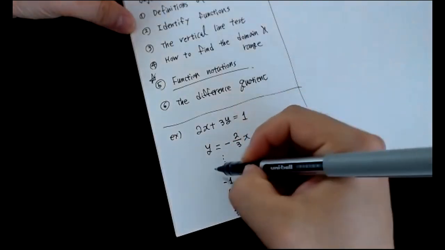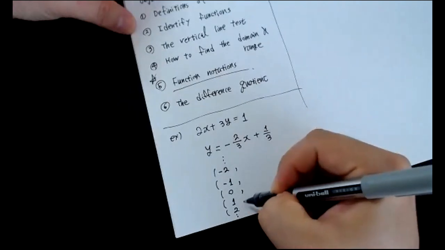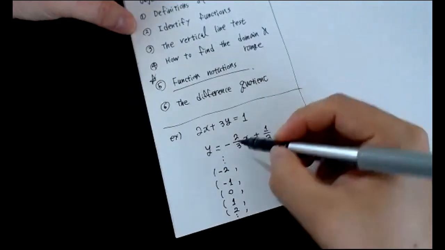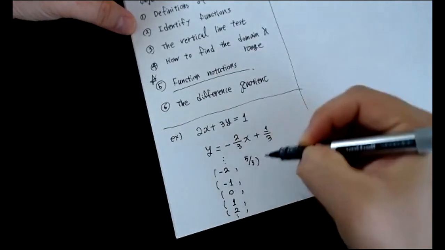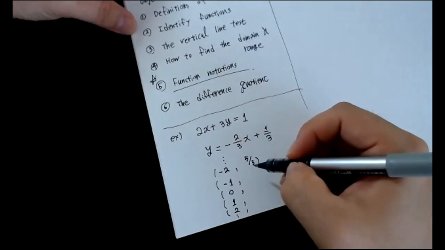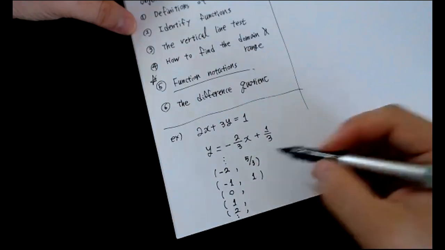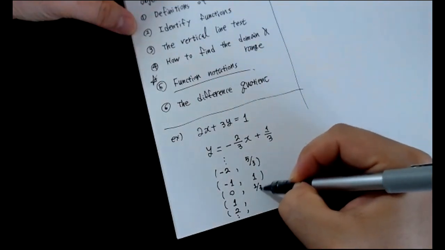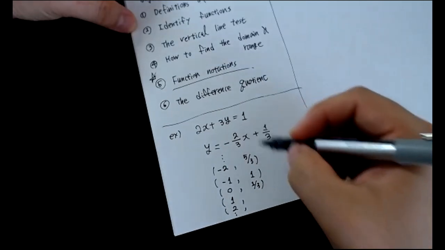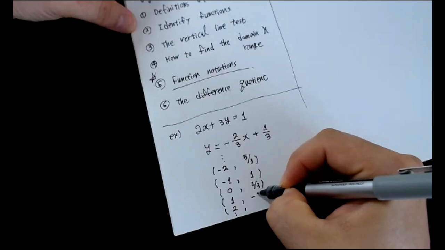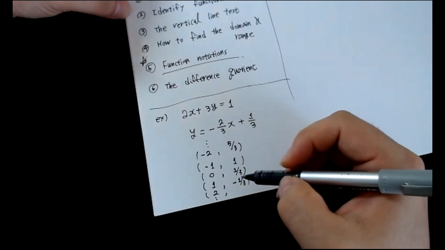Let's find the y value corresponding to x values negative 2, negative 1, 0, 1, and 2. When x is negative 2, the y value is 5 over 3. When x is negative 1, y is 1. When x is 0, we get 1/3. When x is 1, negative 1/3. Need more space. When x is 2, we get negative 1.